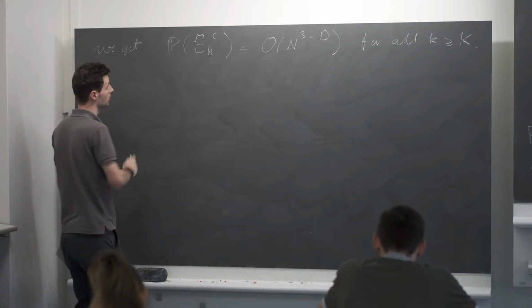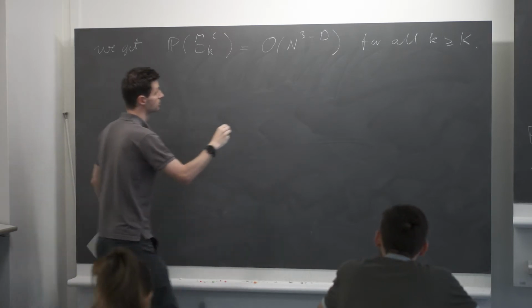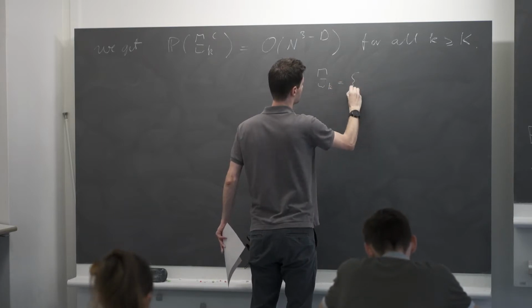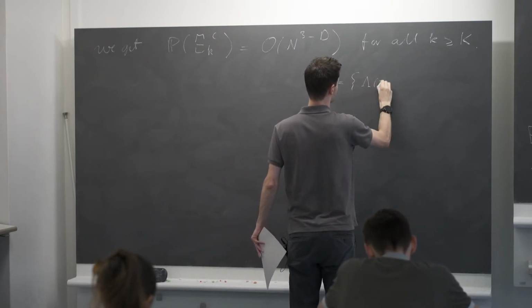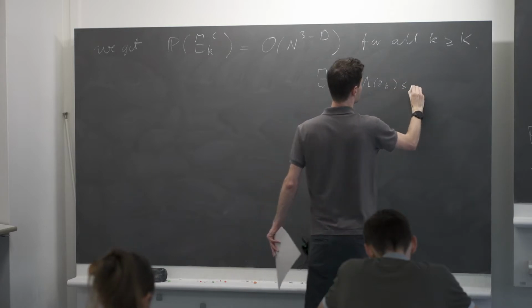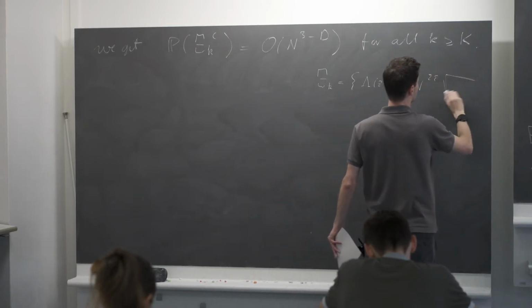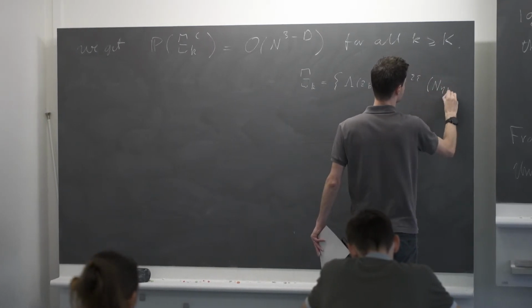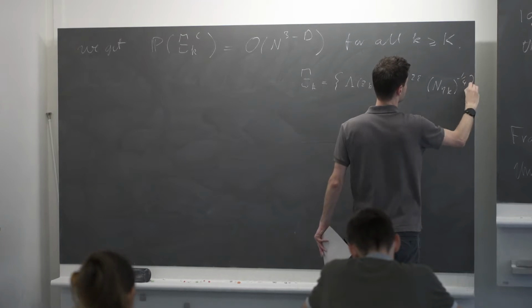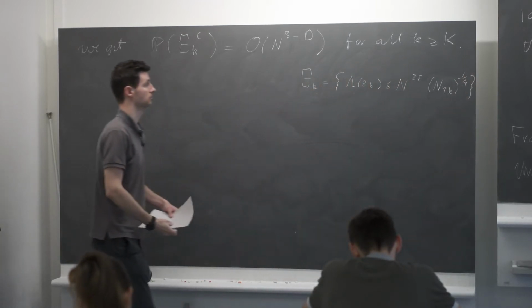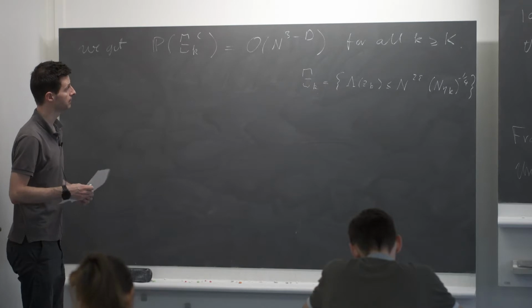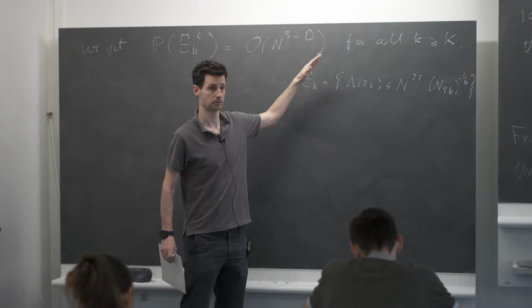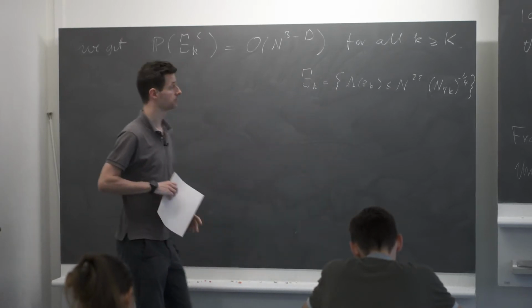So why? If you recall, what was Ck? Ck was that lambda, let me write it like this, square root of delta K. Delta K was square root of n eta K. And we have proved that this event holds with very high probability for all k, all the way down to the smallest spectral scales.